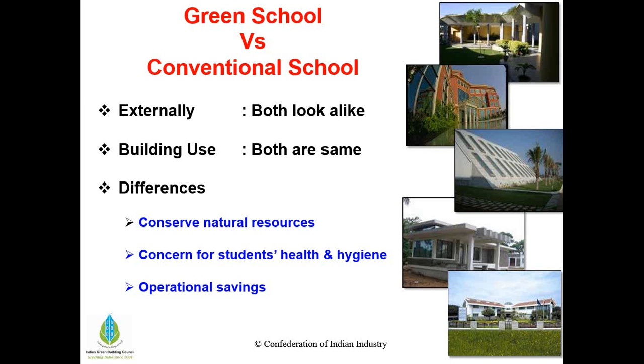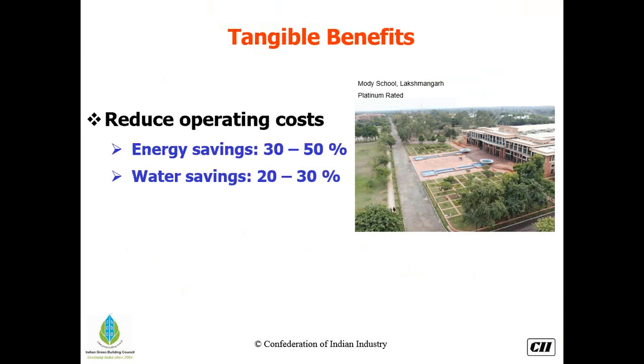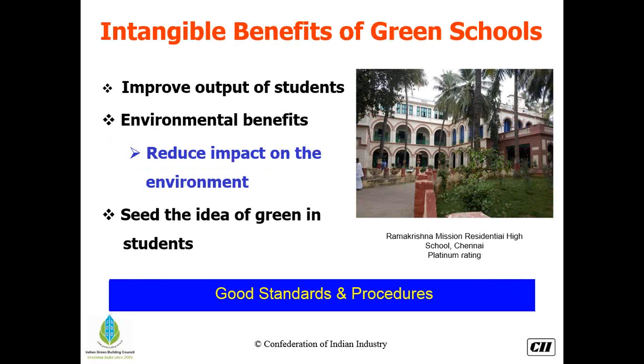This is going to have an impact in your green school. Also, another important benefit would be the operational savings. These are a few tangible benefits compared to the conventional building: reduced operating cost, like energy savings of 30 to 50% reduction and water savings of 20 to 30% reduction.